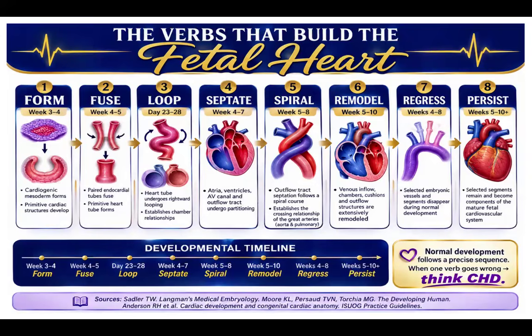We have some things where the cushions and the outflow structures are being remodeled, and then from there they'll take on a regression and a persistence afterwards, and that's at the end. Now this development follows this sequence in this order. So if there is an error, say at step 3, then it will lead to a heart defect.